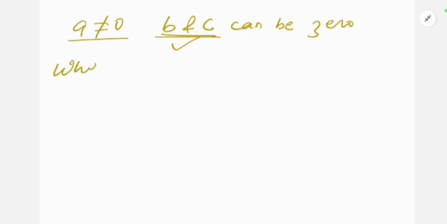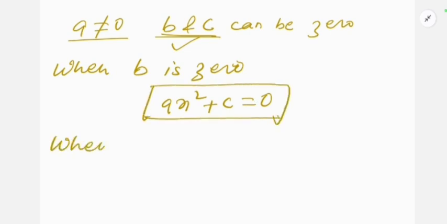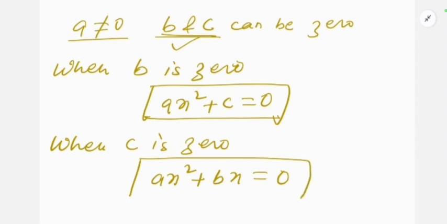When b is 0, the quadratic equation becomes ax square plus c equals to 0. And when c is 0, the quadratic equation becomes ax square plus bx equals to 0. Right?